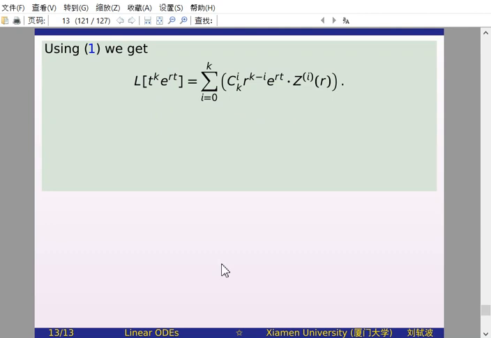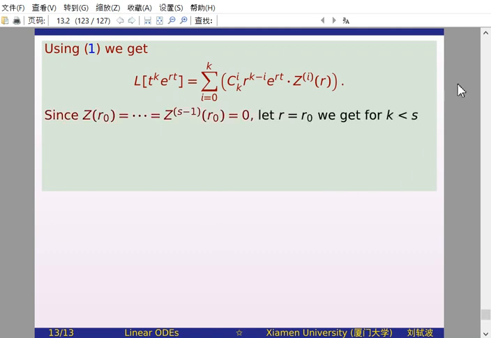We take r to be r0, the root of the characteristic polynomial of multiplicity s. So that is Z(r0), up to the (s minus 1)-th derivative of Z at r0, are all 0. So if k is at most s minus 1, then in this equality we take r to be r0.